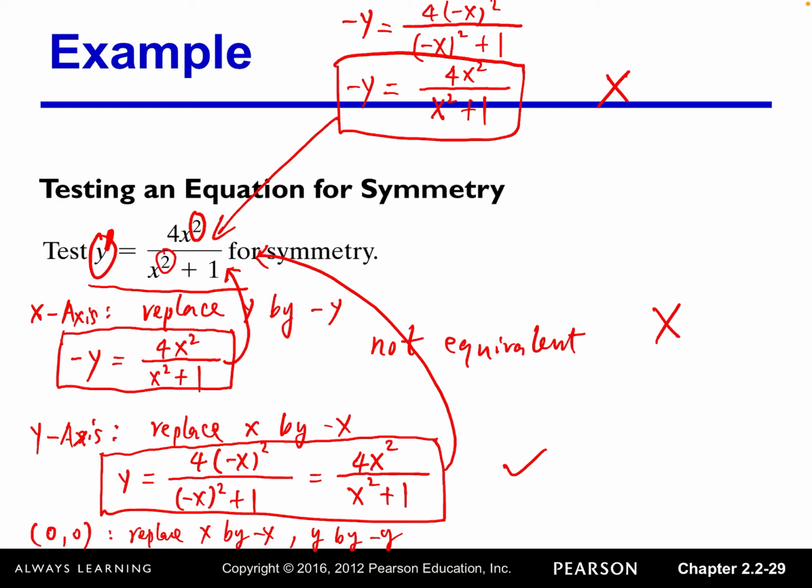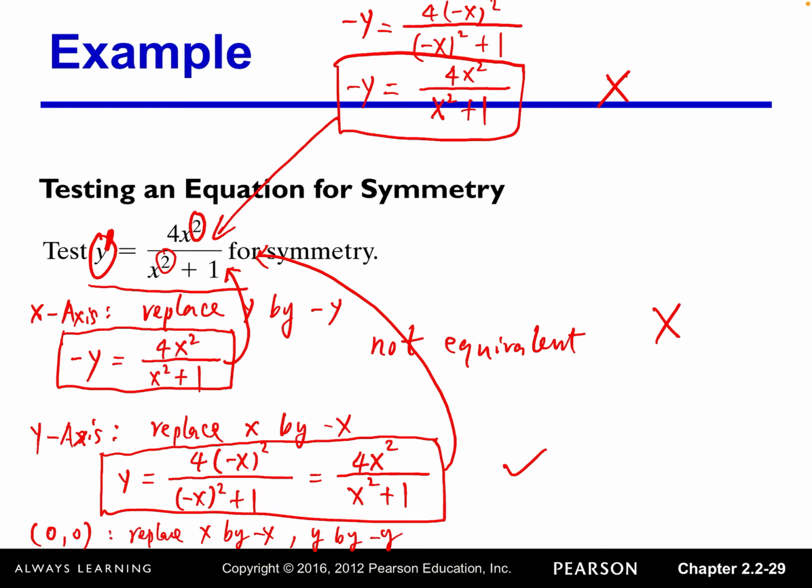So basically, we can easily determine the symmetry property by whether the exponent is an even or odd number for each variable. For this particular equation, we can see that variable x has even exponents. So when we replace x by negative x, the negative sign should cancel out.